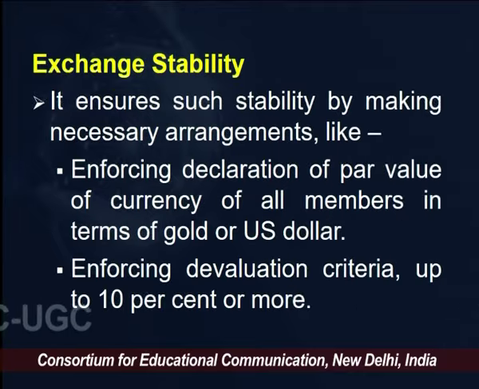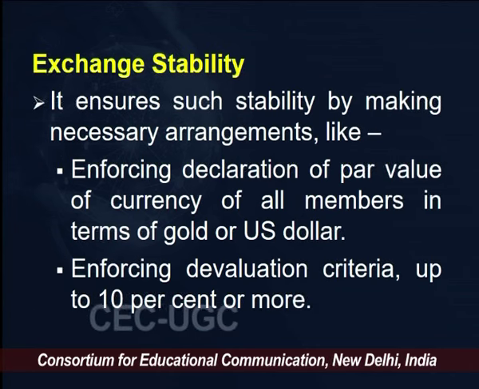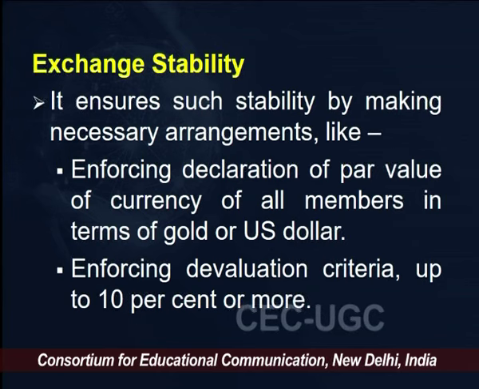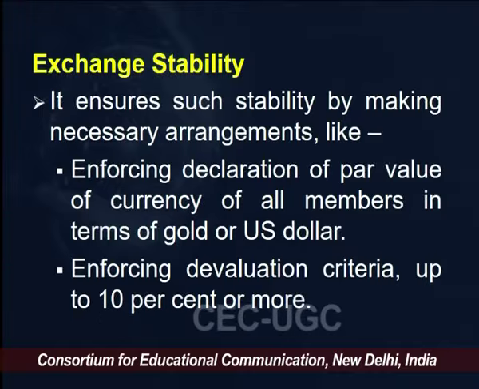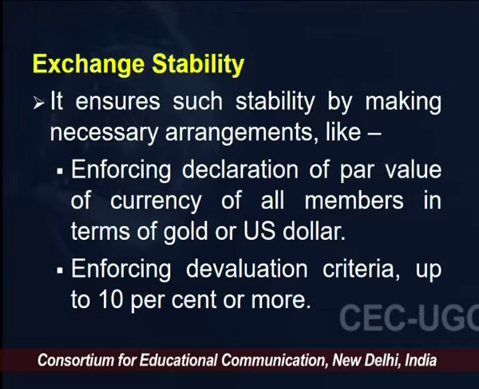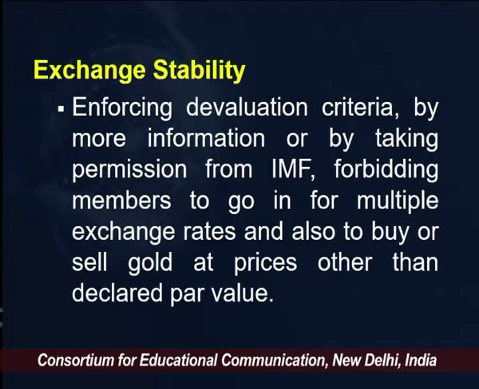It ensures such stability by making necessary arrangements like enforcing declaration of par value of currency of all members in terms of gold or US dollar, enforcing devaluation criteria up to 10% or more, enforcing devaluation criteria also by more information or by taking permission from IMF, forbidding members to go in for multiple exchange rates and also to buy or sell gold at prices other than the declared par value.